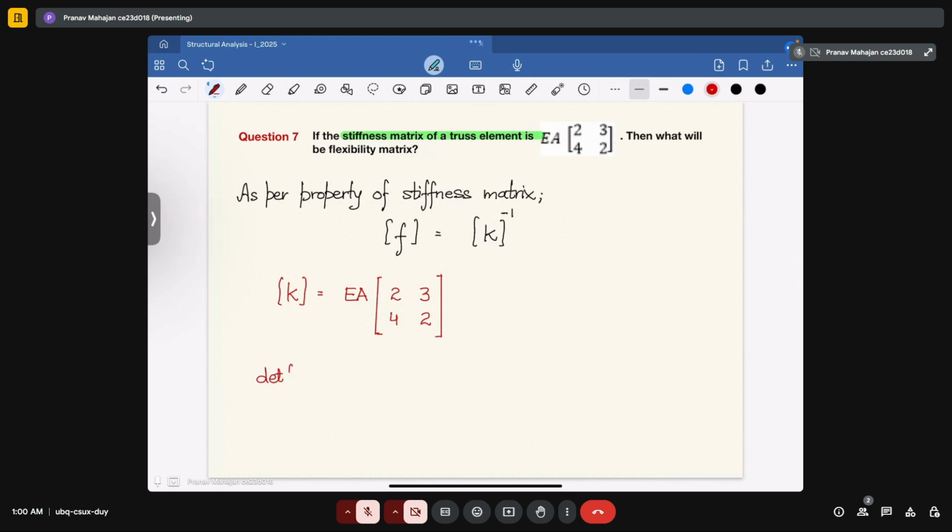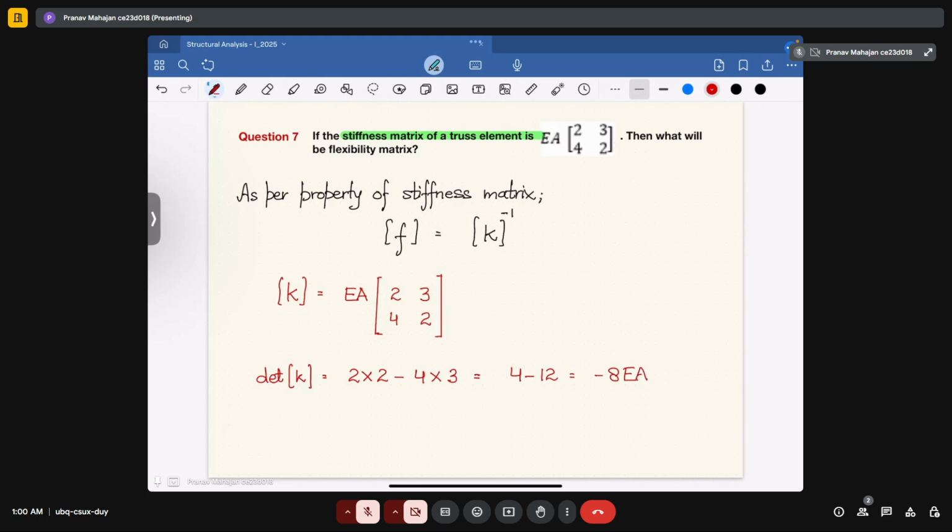So your determinant of K will become equal to 2 into 2 minus 4 into 3. That means it will be equal to 4 minus 12, equal to minus 8 into EA. Okay, EA I had missed, so I am writing it here.